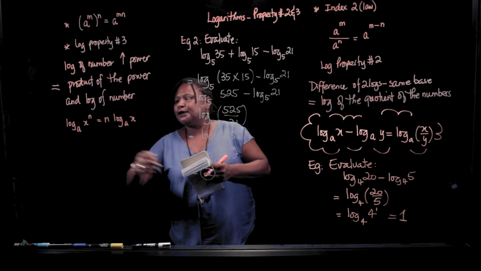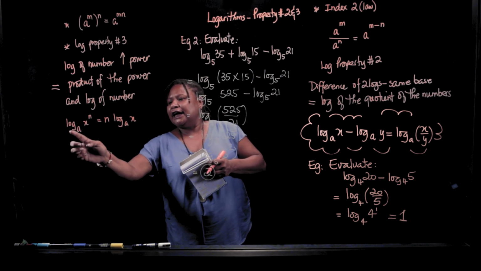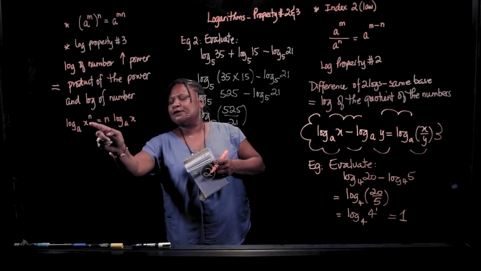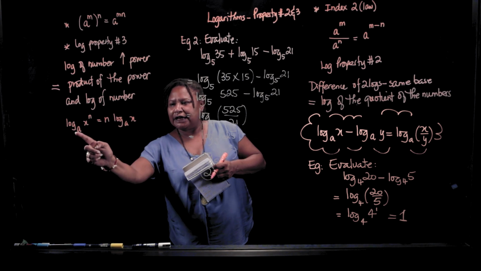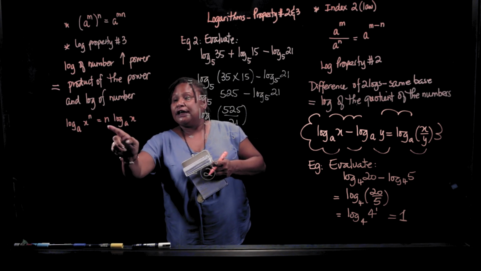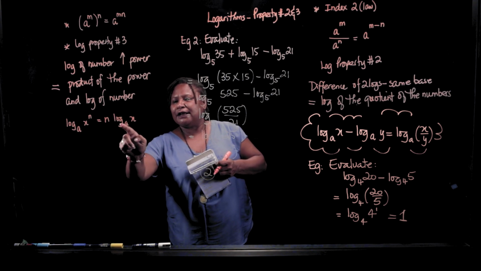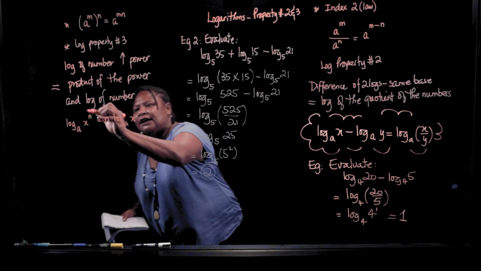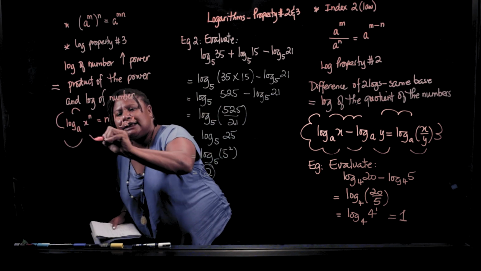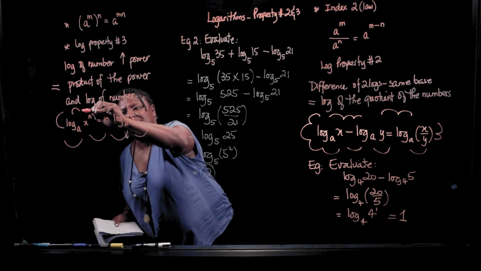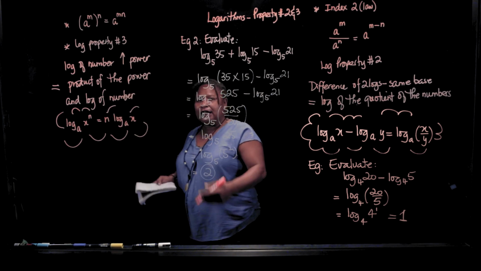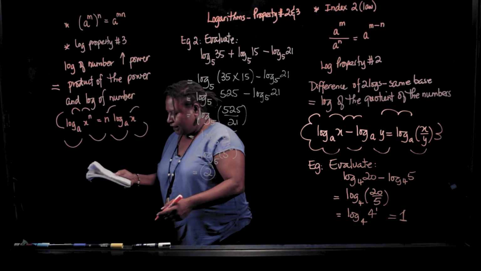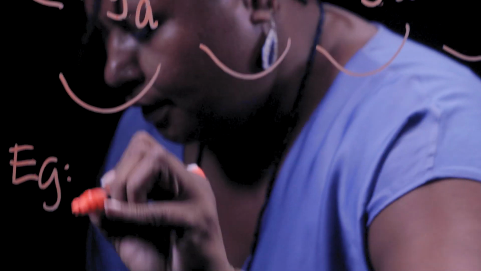So the log of x to the power of n to base a will be equal to that power multiplied by the log of this number here. All right? So that's what the law states. We will again illustrate this further by using numbers. That way it is clearer to see. Okay?